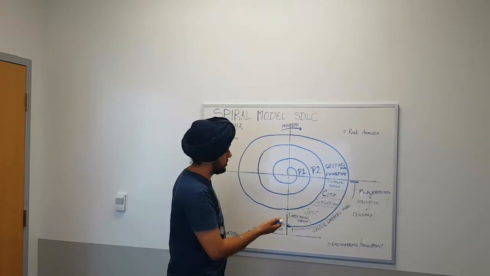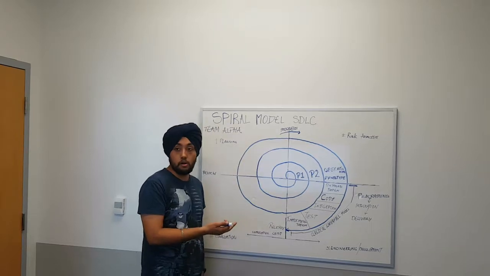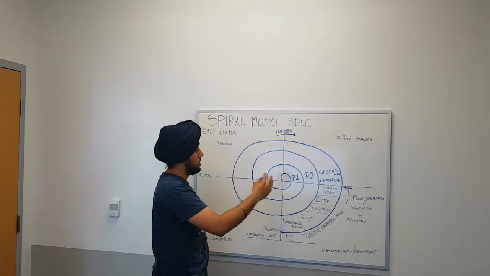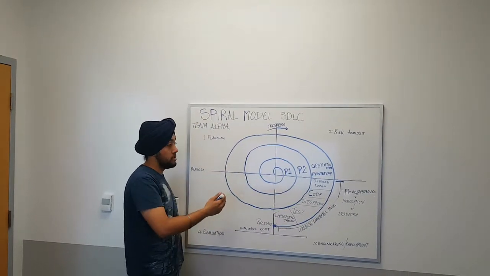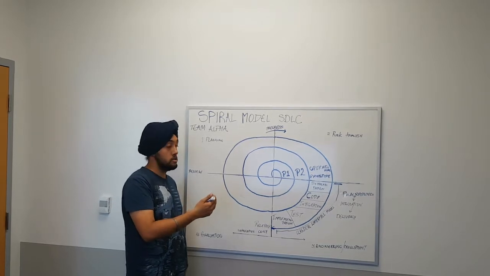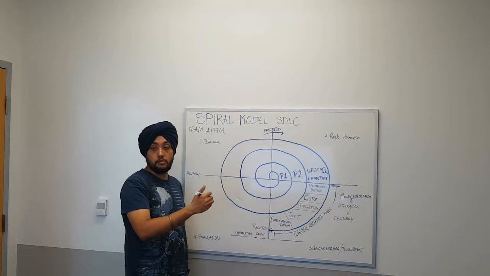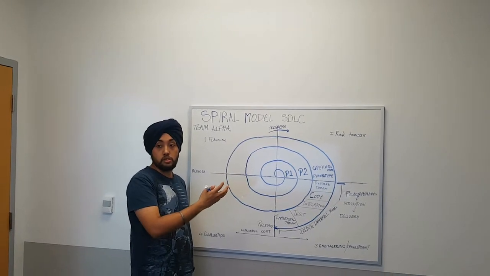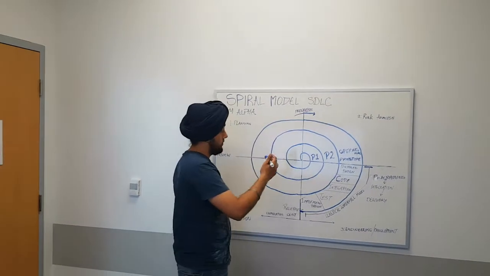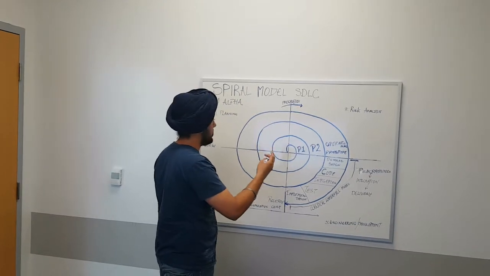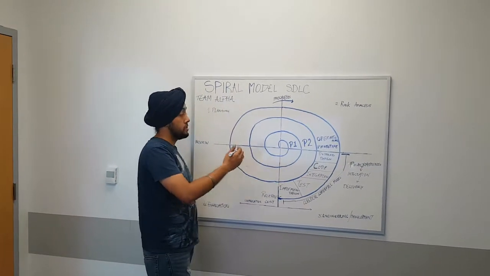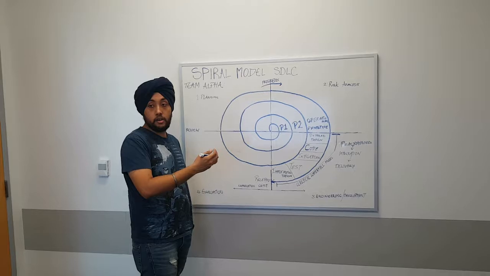Now I would like to point out some of the disadvantages of the model. Because we spend a lot of resources and a lot of time on it, it's a costly model to use. Since it's costly and quite extensive, it's not advisable to use it on smaller projects. If the people involved are not conscious about it, the spiral can even go on forever.